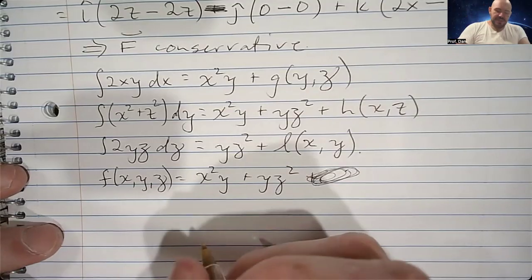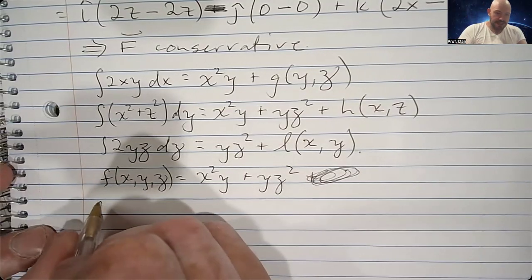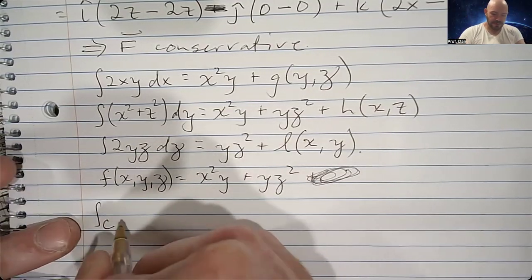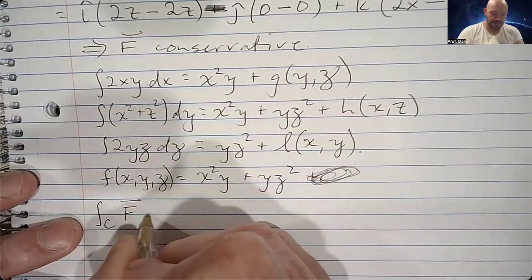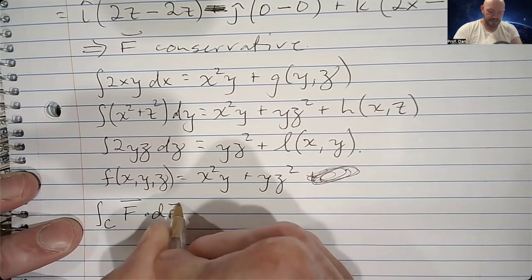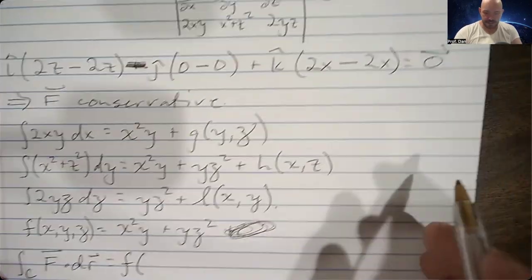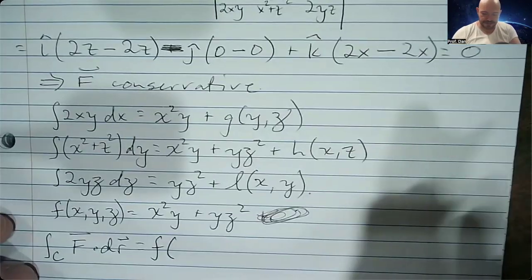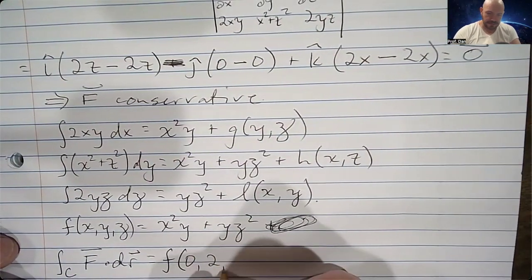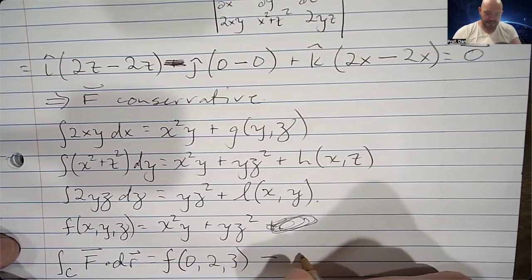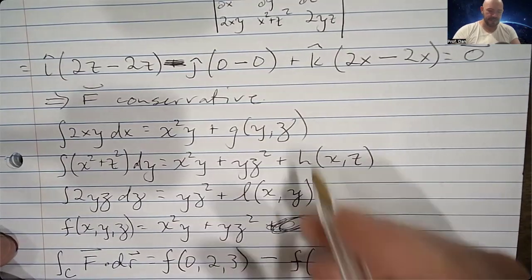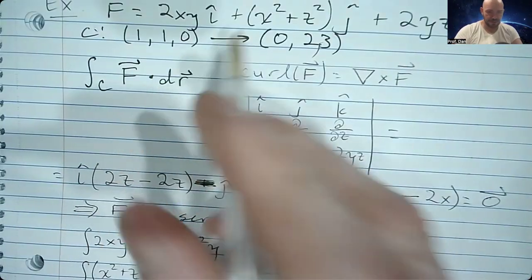With that said, I know that the integral over the path C of f dot dr is going to be my potential function evaluated at the endpoint, which was 0, 2, 3, minus the potential function little f evaluated at 1, 1, 0.